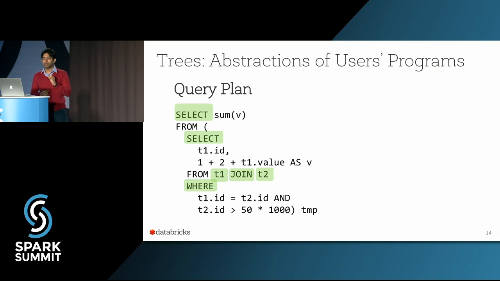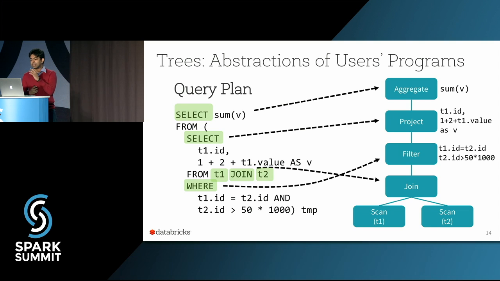Now, a query plan, on the other hand, is used to describe the data operations, like aggregates, joins, and filters, and those operations generate a new data set based on an input data set. So here's an example where we have scans, joins, filters, project, and aggregates, and each of these nodes on the right-hand side corresponds to operations in a SQL query.